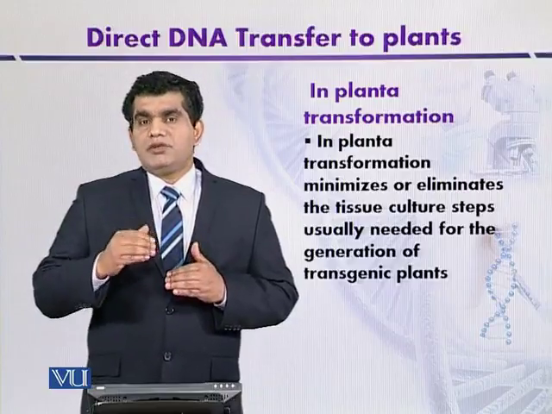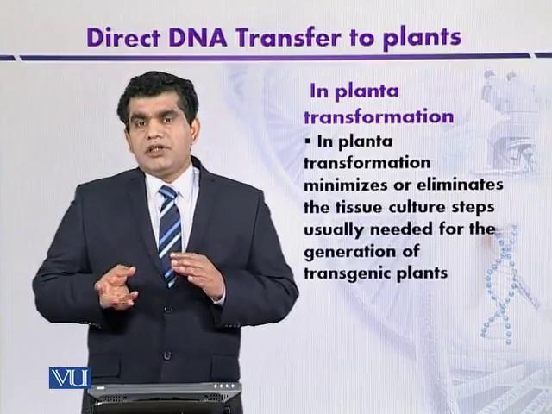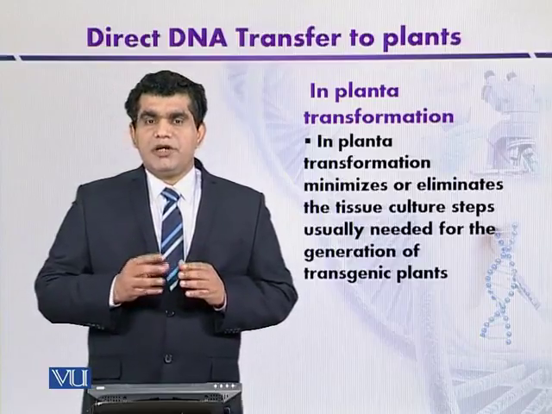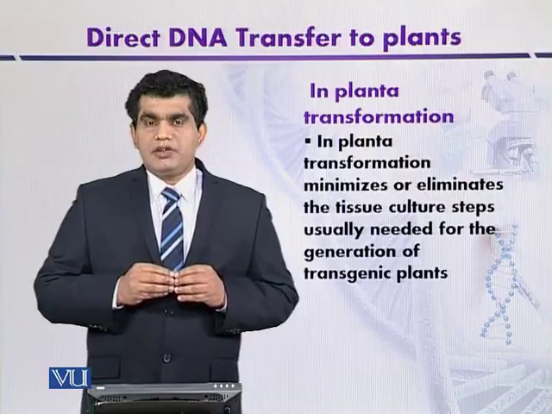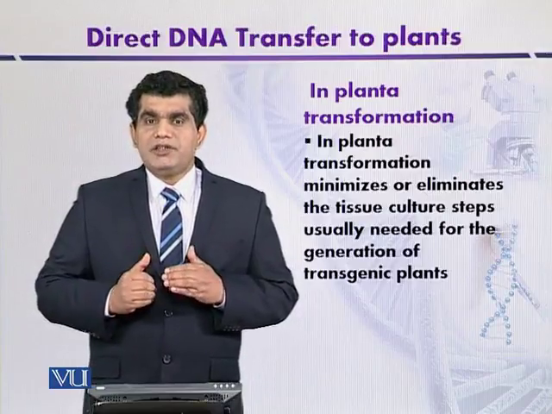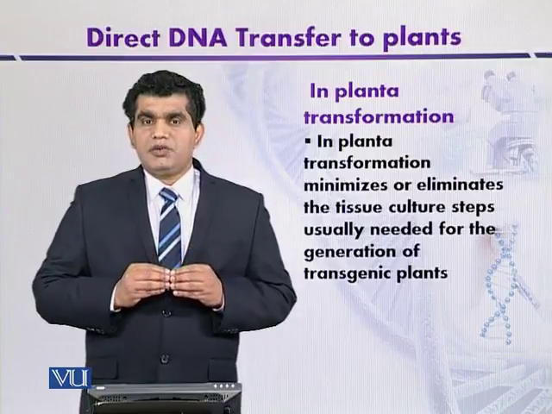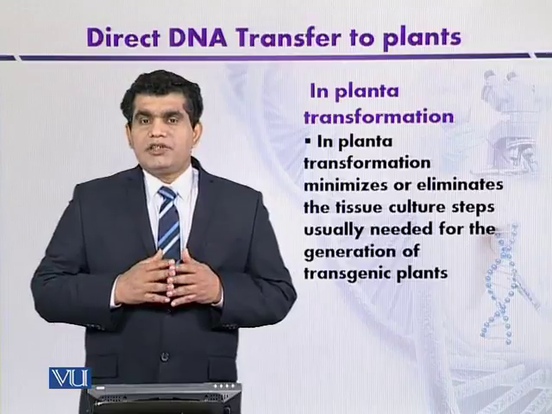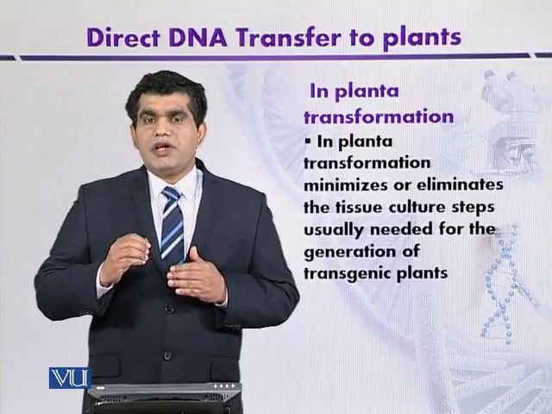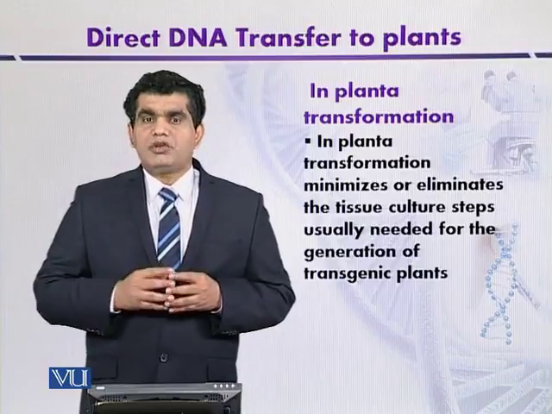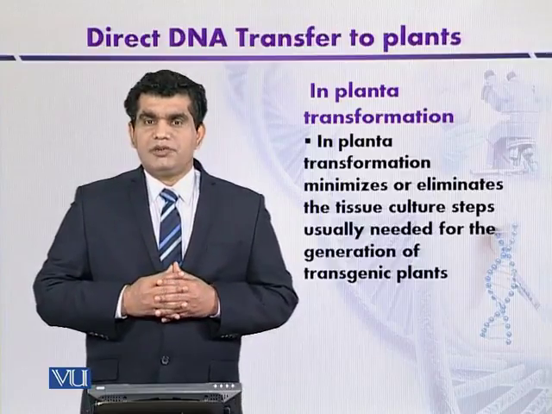And then after transformation, transformed cells can be further selected by using some minor tissue culture techniques. So that's why I told you initially that it has minimized the use of plant tissue culture techniques. Otherwise, some techniques can be carried out where we can transform intact plants, and the most common example is Arabidopsis thaliana.